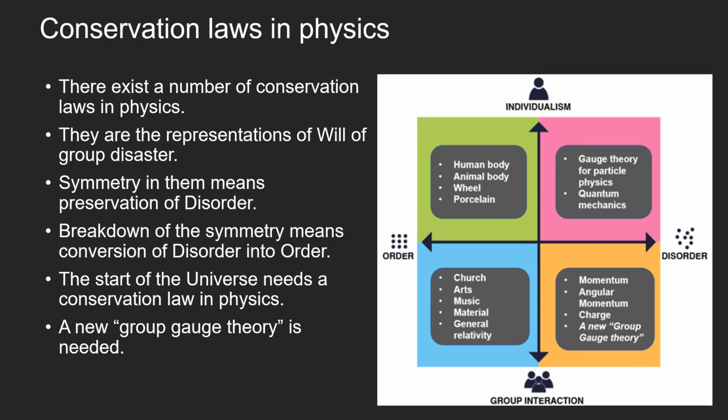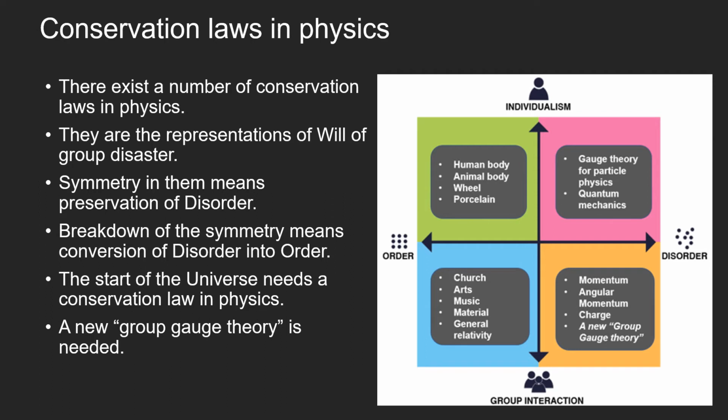We still miss a very important conservation law in physics. It's up on the start of the universe. The universe, at its start point, contains a huge wheel of group disaster. It means that any theory about it should have a symmetry in quadrant 4. The symmetry means that the huge constraint disorder of the universe is preserved.